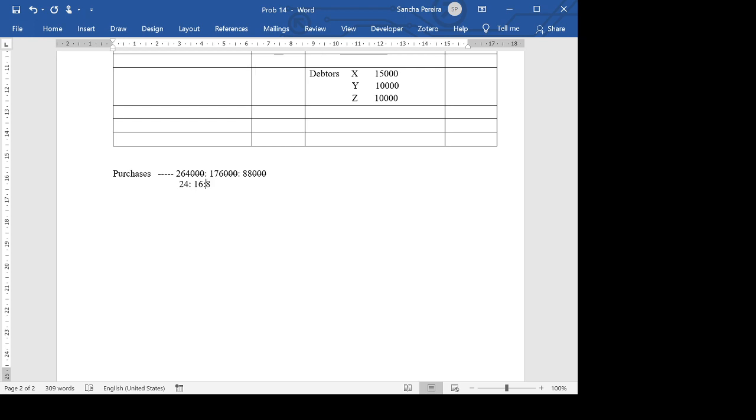And 11 eights are 88. This goes in the table of 8: 8 threes are 24, 8 twos are 16, and 8 ones are 8. So 3 is to 2 is to 1.